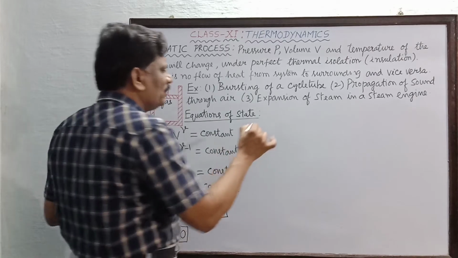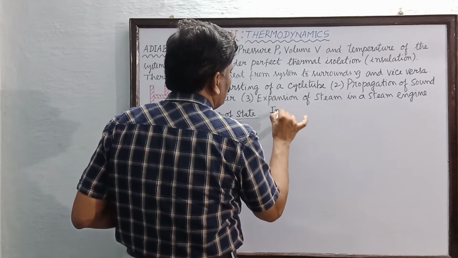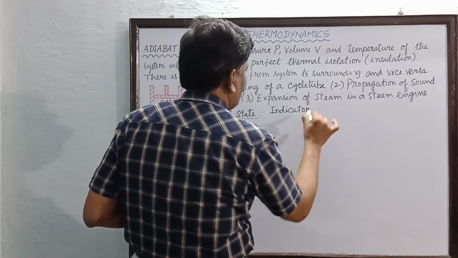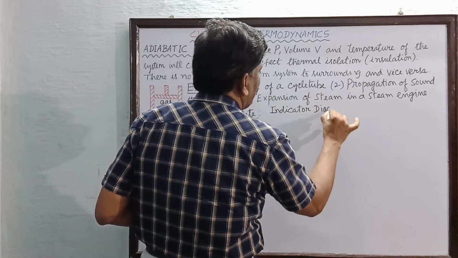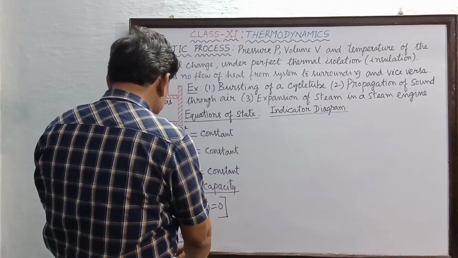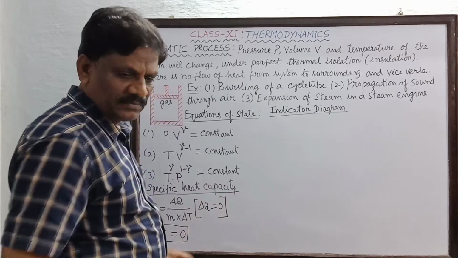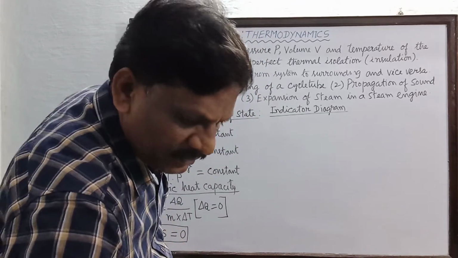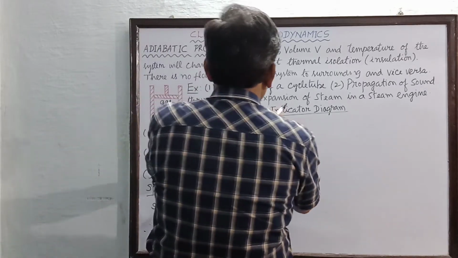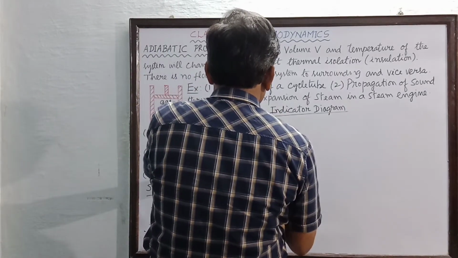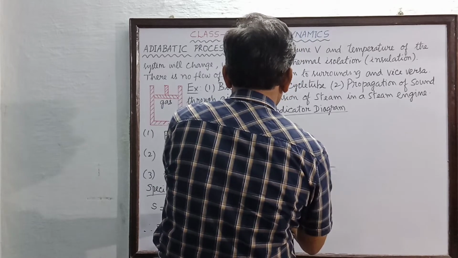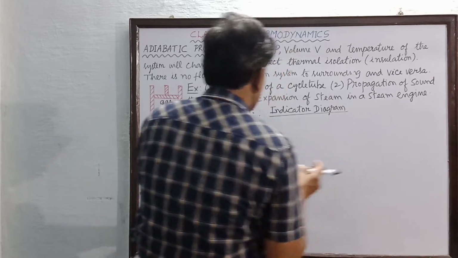Okay, now the indicator diagram, the PV diagram for this adiabatic process. We will now draw it.